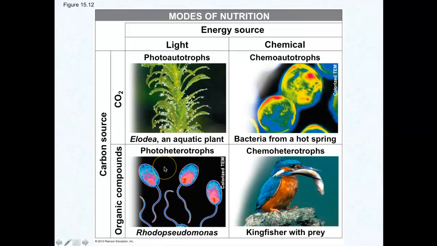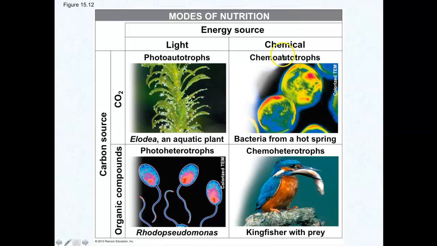Well, let's go down. This is a weird box because it doesn't make intuitive sense, since we're not around these kinds of organisms on a day-to-day basis. But there are organisms out there that use light for energy. So they're photo. However, they need to dissolve organic molecules from the outside and bring them in. They don't make their own organic molecules. These are called photoheterotrophs.